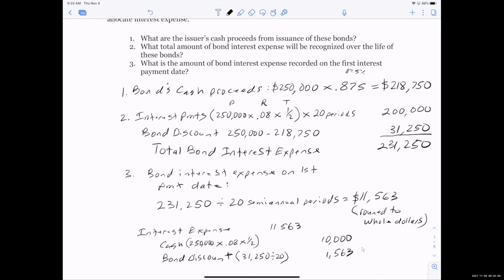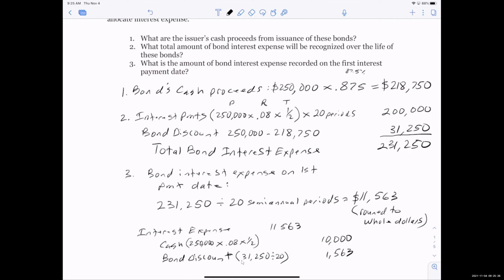Now, that's how I learned it in my textbook way back in the day. I just knew what the bond discount was, which is 31,250, and I know there's 20 periods. So I'm going to allocate 1/20th of that 31,250 every period, right?